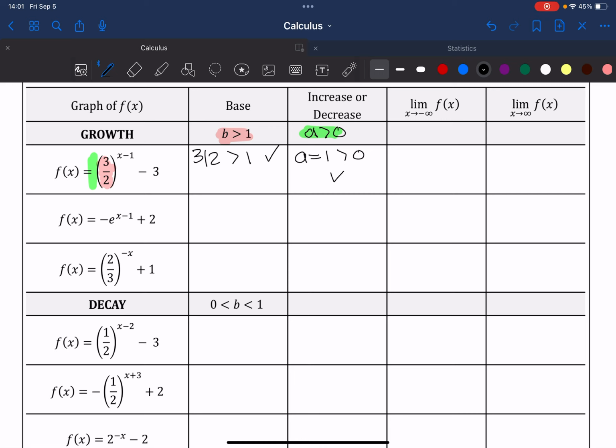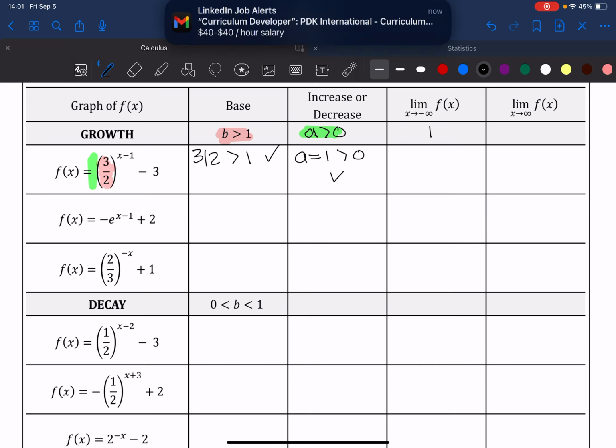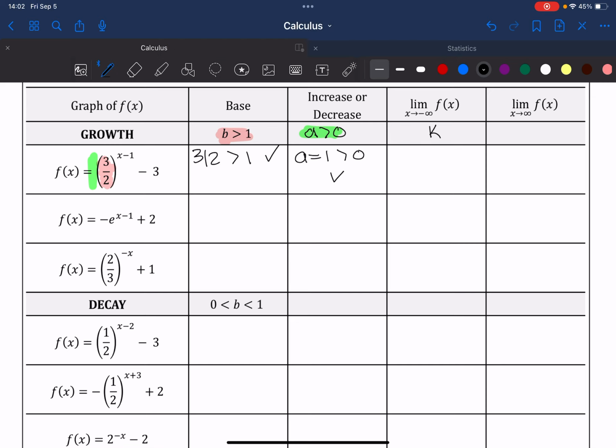Then what we're going to do is look at the limit as x approaches negative infinity. And every time we did that in the part above, we noticed that it was approaching a horizontal asymptote, or in this case, the k value of the exponential. So the k value of this exponential is negative 3.